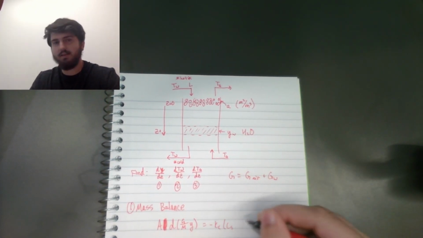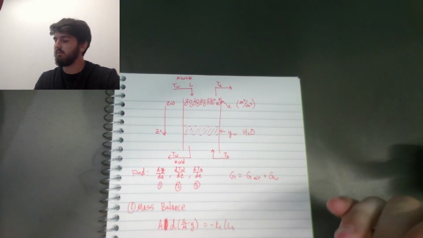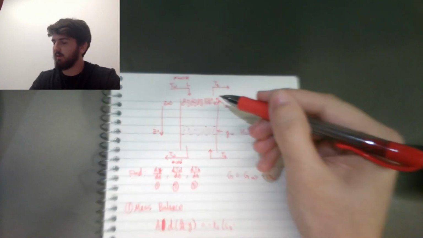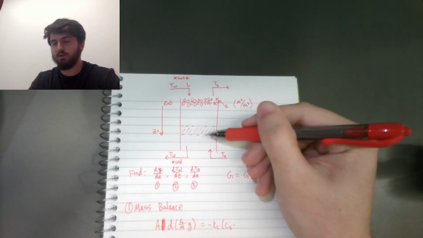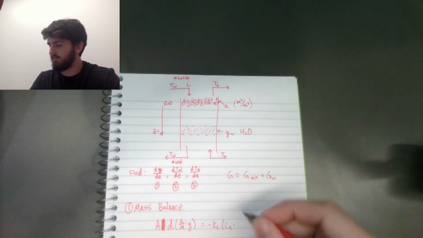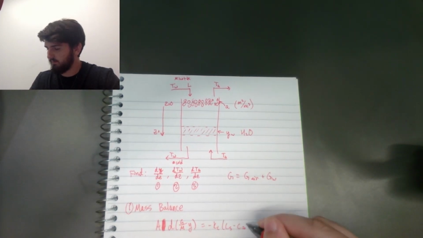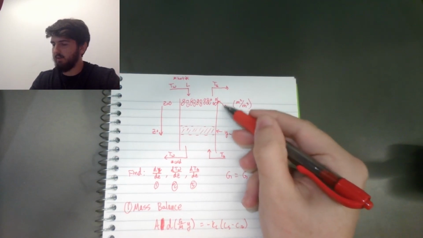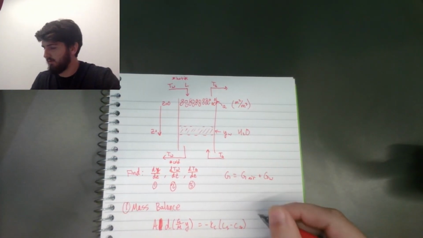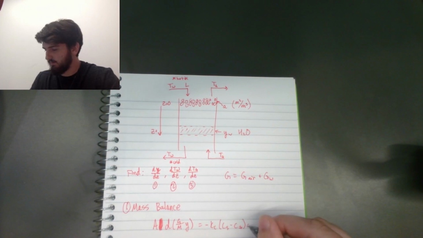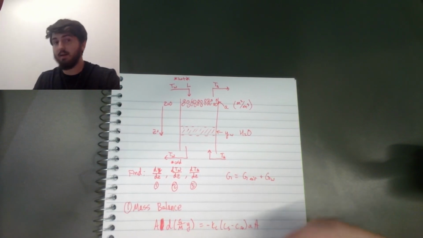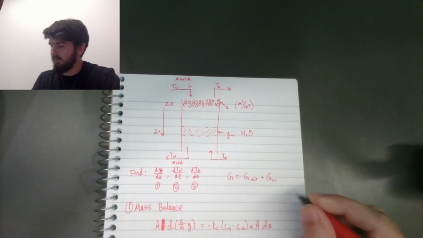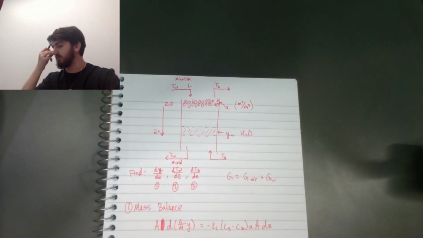We need that to be multiplied by the difference of the concentration from the surface we're talking about up here to the concentration away from it. We're also going to multiply that by the area that we have for that material. And again, we're also going to multiply that by the cross-sectional area as well. We finish it off by having it be relative to the distance.